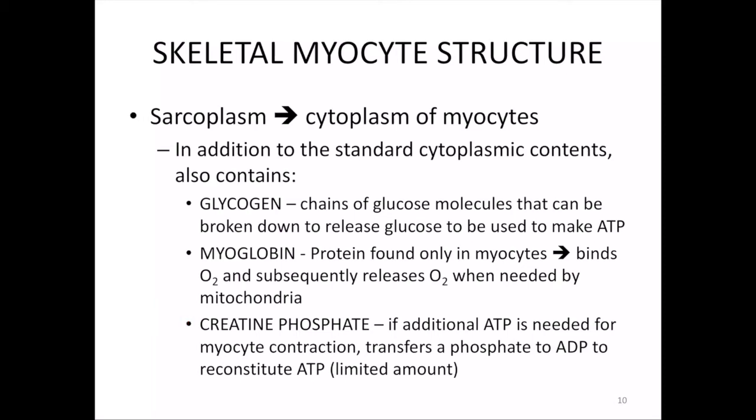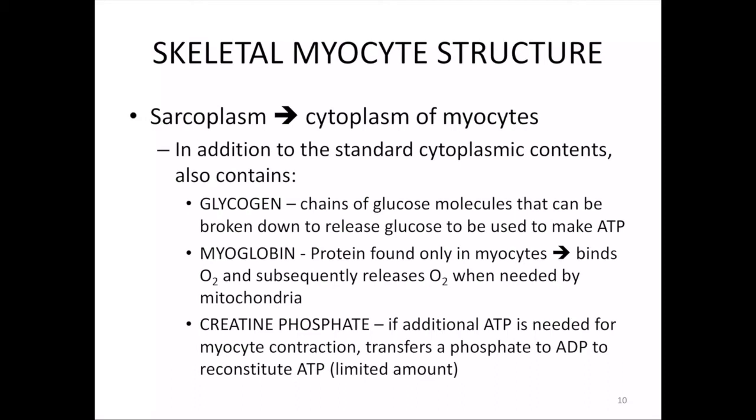Yes, we have the mitochondria producing lots and lots of ATP, but if for some reason we run out of glucose or we run out of oxygen temporarily, we still need ATP to be produced. So we have a special substance which we call creatine phosphate. It has the ability to transfer a phosphate, so that's why they call it creatine phosphate.